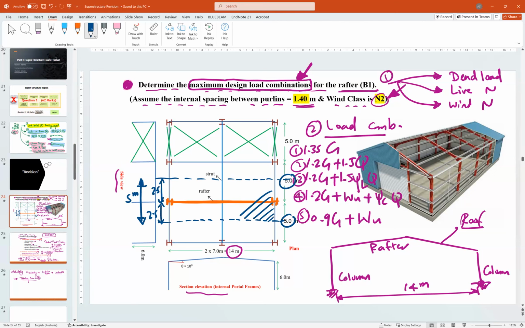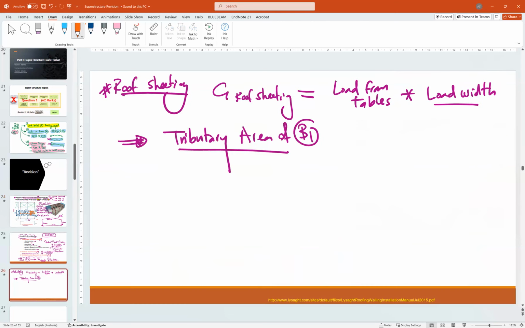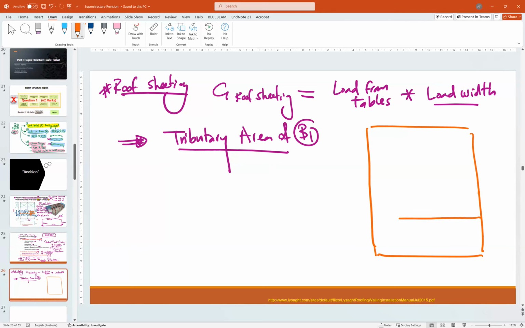So this is our tributary area for B1. We need to show this diagram in the calculation, just manually like this. So this is the column, column, column.